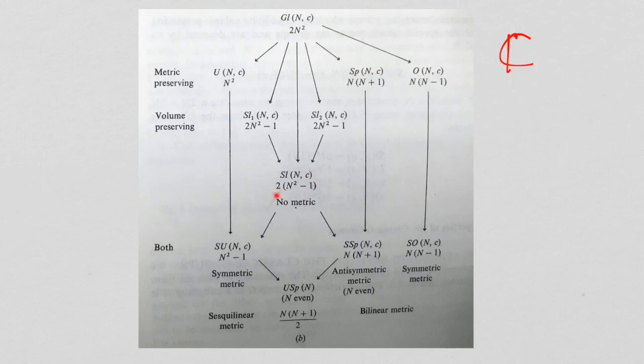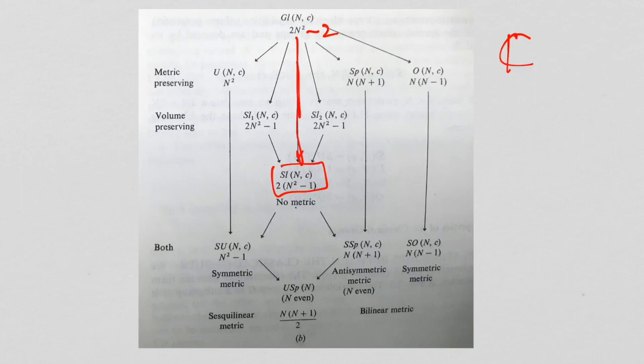But ultimately, for the special linear group, the number of degrees of freedom is 2n squared minus 1, where we lose that because we're forcing the determinant to be 1. So it's really 2n squared minus 2, because you're forcing the real and the imaginary parts both to separately be 1 and 0. And so this group is volume preserving, but it's not metric preserving, which is why the arrow goes right through it.